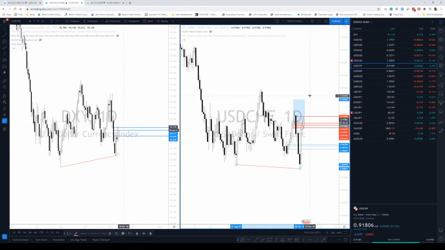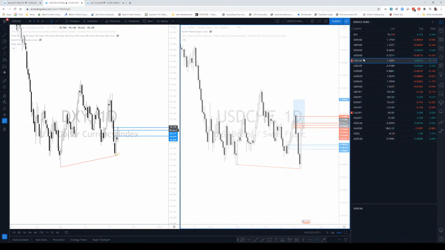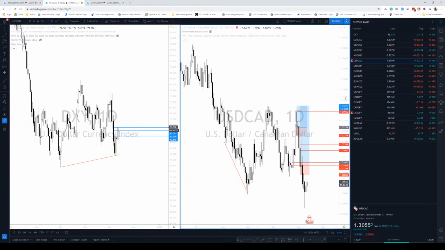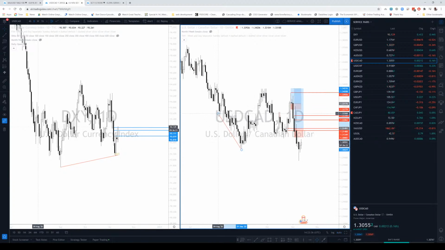Then if you look at, I'm gonna put dollar Canada here, you'll see that dollar Canada also made a lower low.